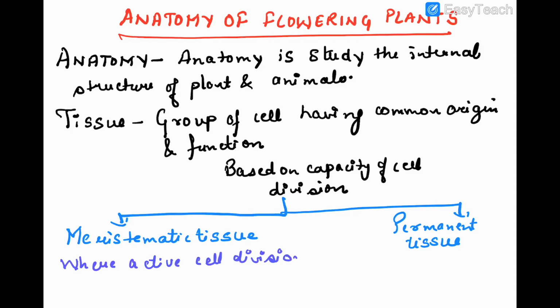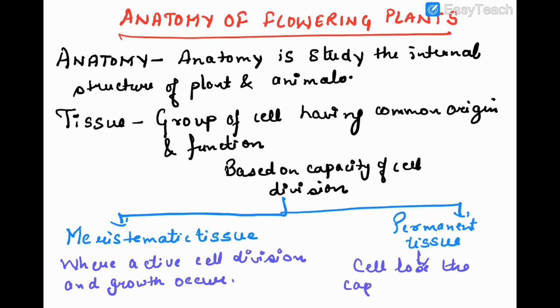So those tissues where active cell division and growth occurs are meristematic tissues, while those tissues where the cells lose the capacity to divide are the permanent tissue.